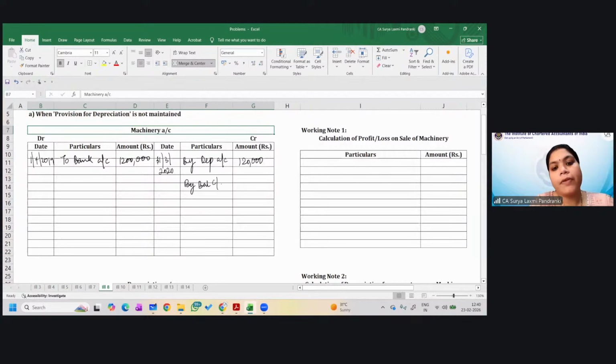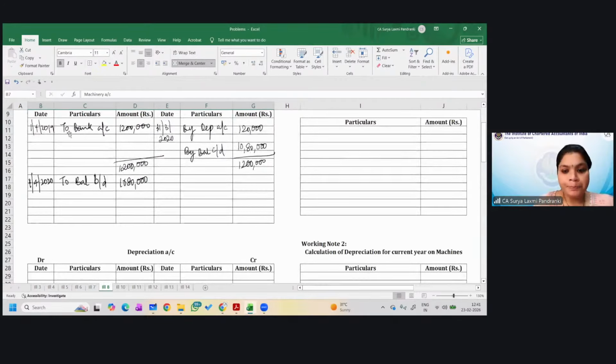By balance down 10,80,000. Okay. This is simple. On 1/4/2020, to balance brought down will be 10,80,000. Correct?